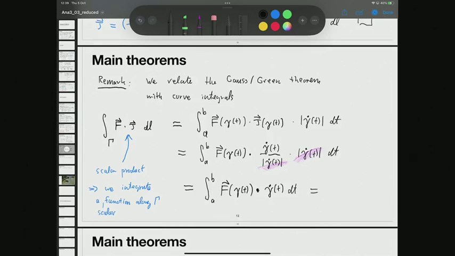But if I take a look at this formula, then I remember, yes, it's just the definition of the curve integral of a vector field. It's the integral along gamma of f, just by definition. That's how we have defined curve integrals.